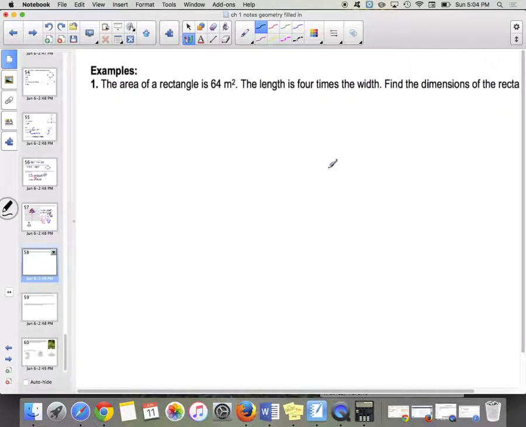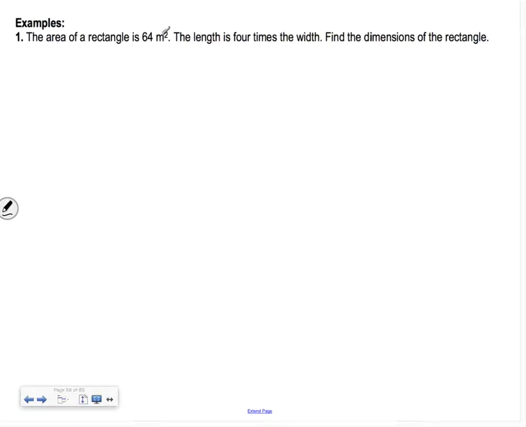All right. Number 1, so it says the area of a rectangle is 64 square meters. The length is 4 times the width. So let's make this the W, and this is 4W is equal to our length. So find the dimensions of the rectangle. So we know our area is our length times our width. So our area is 64.